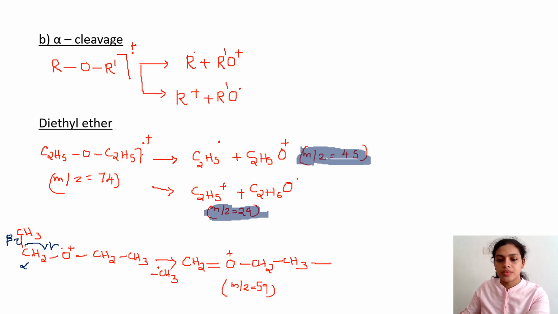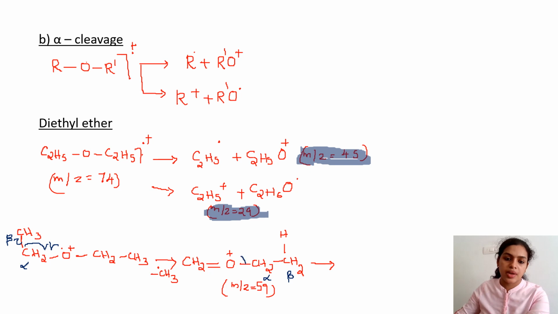Now, you should remember that if there is a beta hydrogen, again fragmentation takes place and an alkene will be eliminated. You can see a beta hydrogen here. This is the alpha carbon, this is the beta carbon.